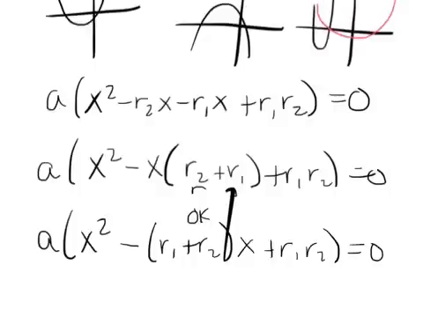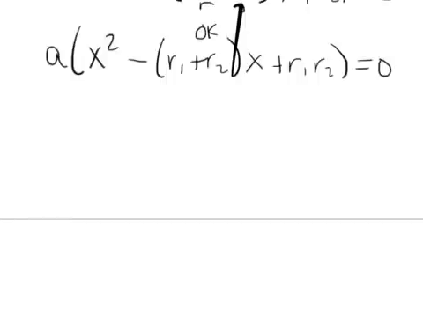So you might be looking at this right now and saying, well, what does this do for us? What this does is it allows us to look at the equation when it's in its standard form. What we'll notice here is that r1 plus r2, that quantity, is the sum of the two roots. So we can call this the sum of roots.